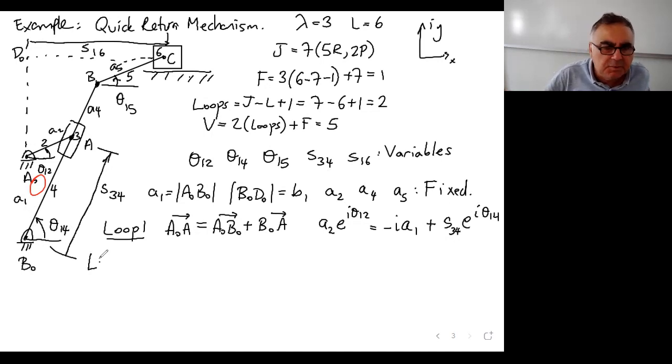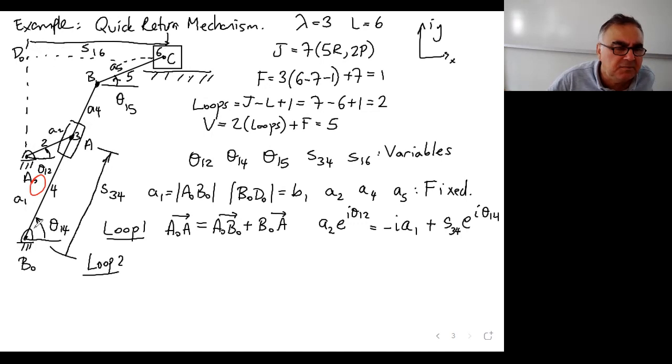The second loop equation, for example, can be A0A plus AB plus BC is equal to A0D0 and D0C.